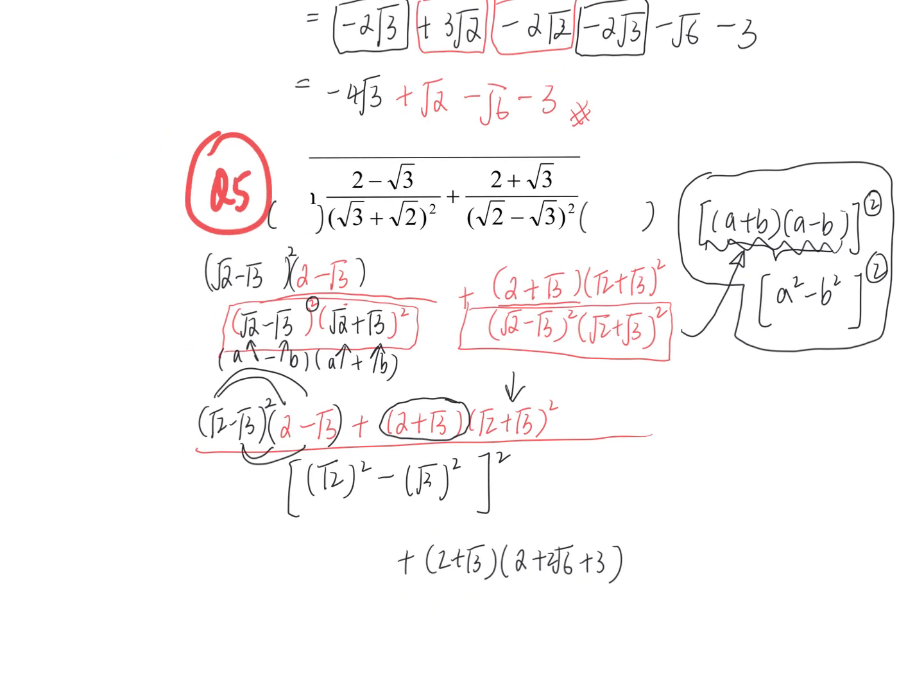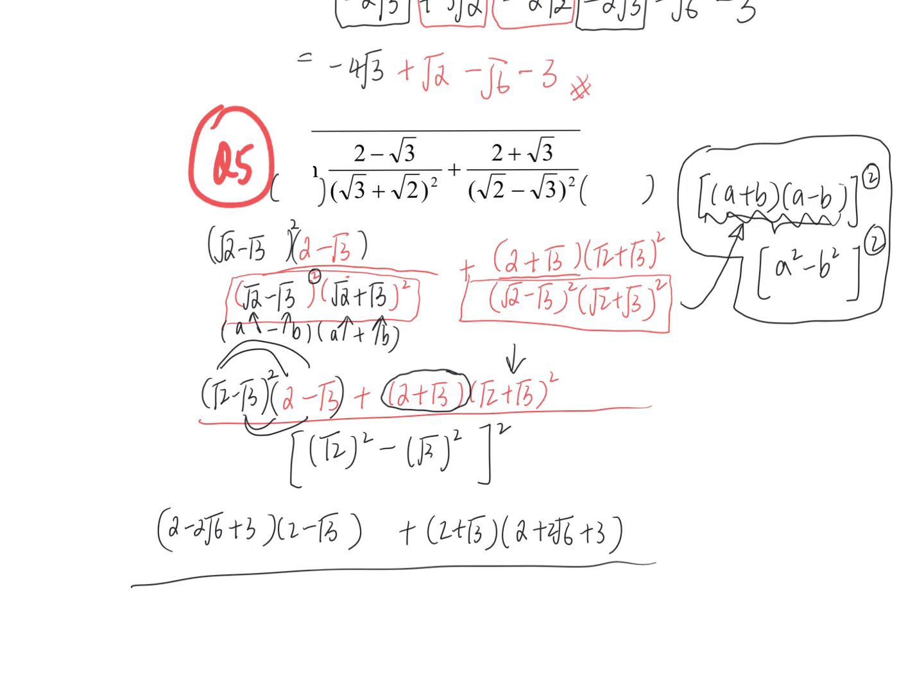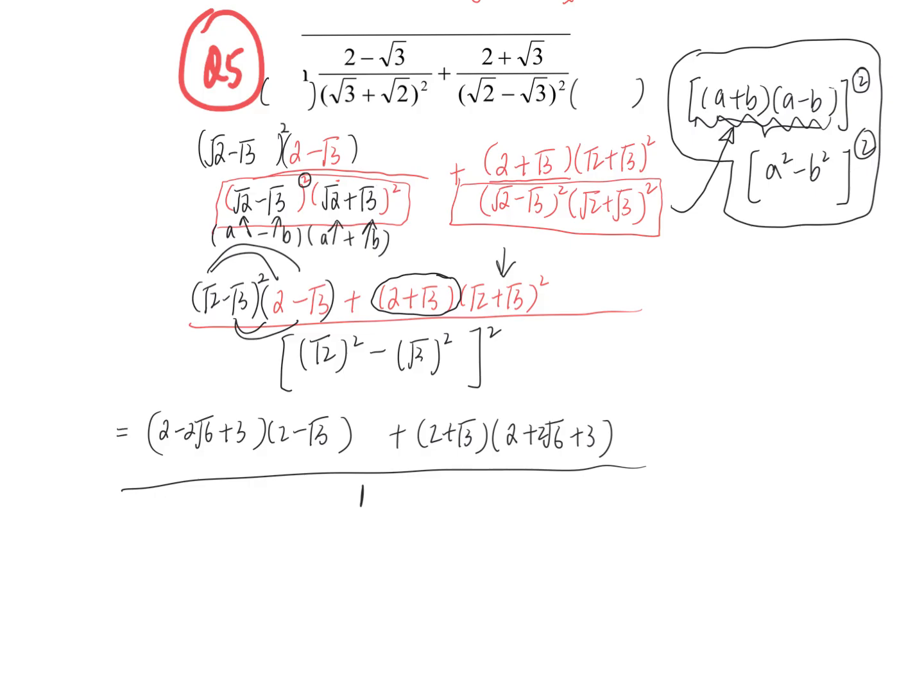So this one you just do. At the bottom you will have 1, so the denominator is as good as nothing. And then you go and simplify the top. This is actually 5 minus 2 root 6. This is also 5 plus 2 root 6. And then you go and simplify them.